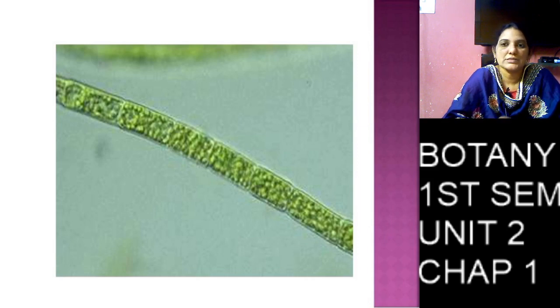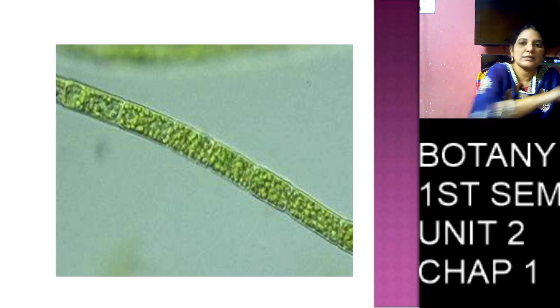The holdfast only attaches to the substratum, helping to attach to the base. The remaining cells contain chlorophyll, so they are green in color.